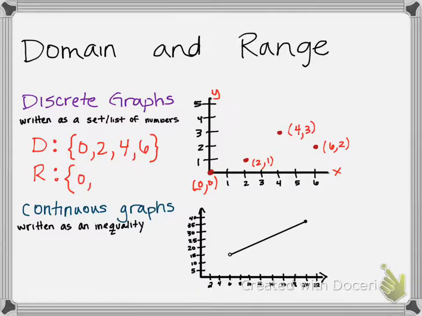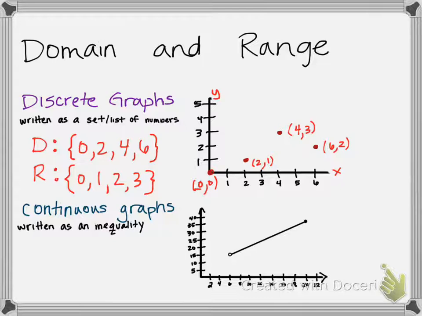I had a 0, a 1, a 3, and a 2. It's okay if they're out of order, but if you're taking a test, you probably would see them in order. So you might see the 2 first, and then the 3. So that's how we show domain and range for discrete graphs.